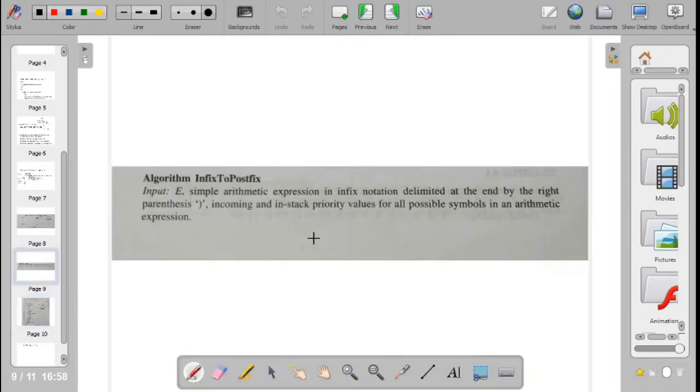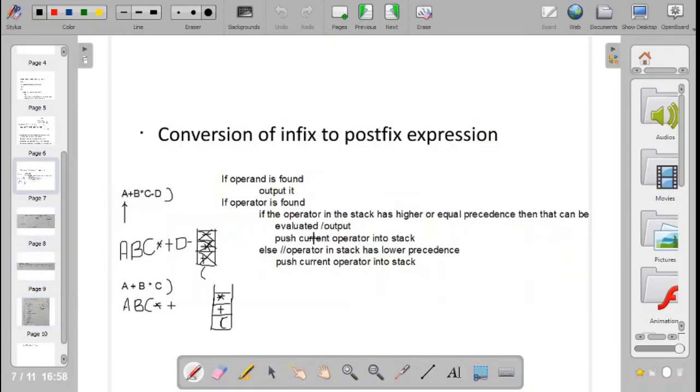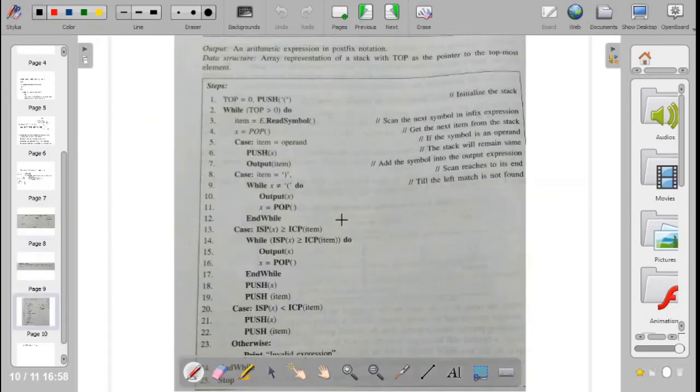So earlier, okay, what we said is if the operator in the stack has higher or equal precedence, then you have to pop out and output, right? So that is what is given here.